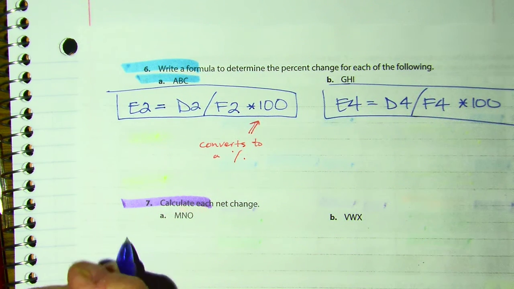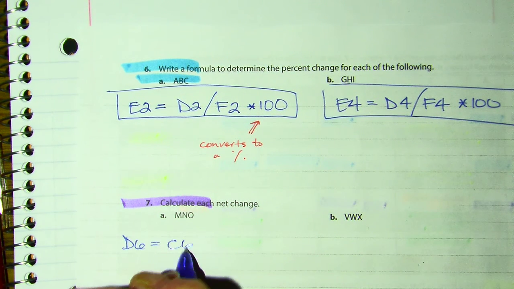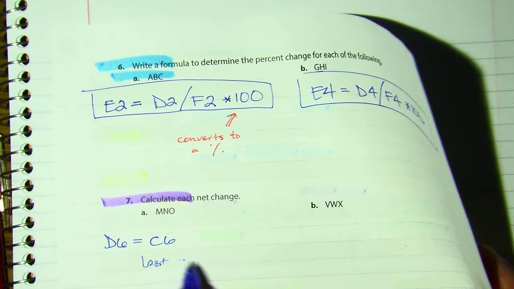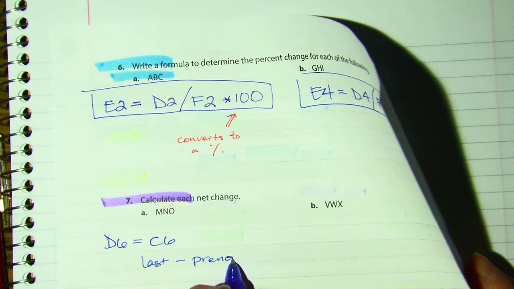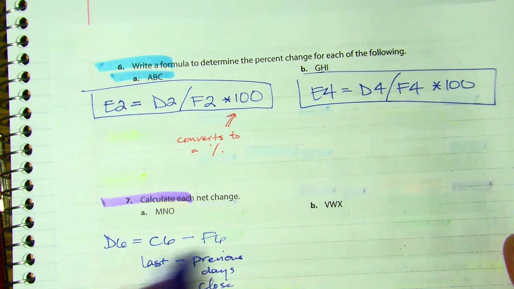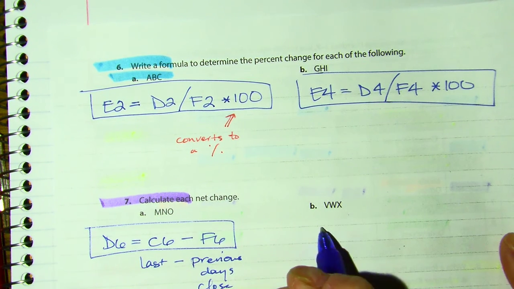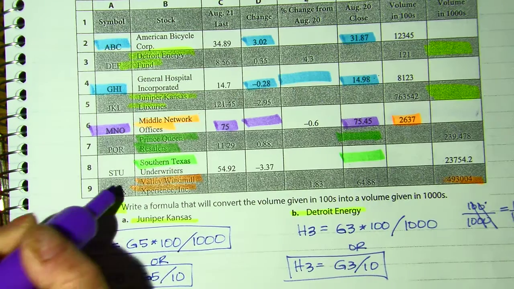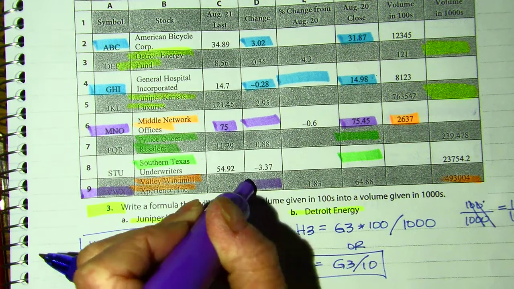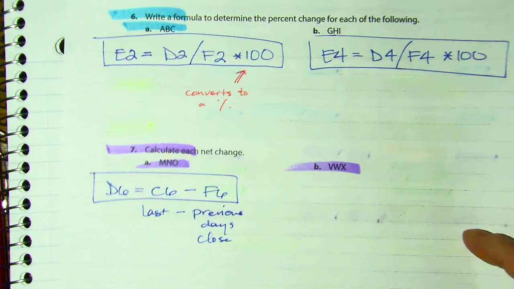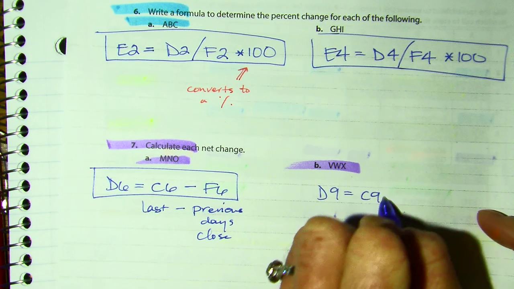So D6 equals the, what's it called? Last minus the previous day's close, which would be F6. So for VWX, which is here, the net change would be C9 minus F9. So D9 equals C9 minus F9.